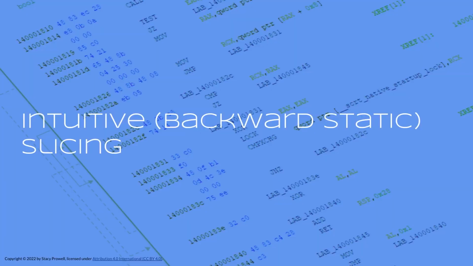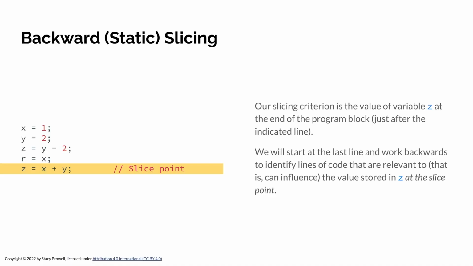So let's go through maybe an intuitive example to try to motivate how you would do some slicing. So backwards static slicing. Static meaning we're not going to try to reference what's in the variables, and backward meaning we're going to start with some slicing criteria and work our way backward to ask what's relevant to figuring that out. So here we go.